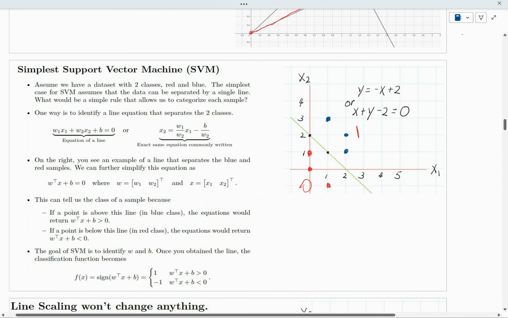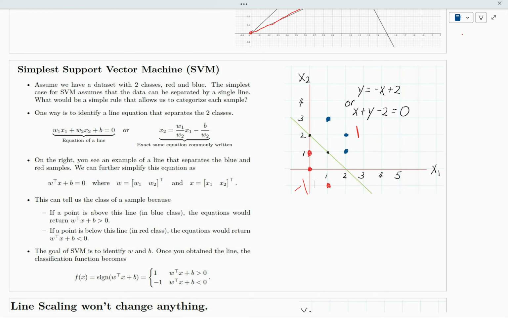Or actually, we like to do 1 and negative 1. So the idea is, what if we can find a line that separates them? Therefore, whatever is above the line belongs to category 1, and whatever is below the line belongs to category -1. That essentially will allow us to perform classification.